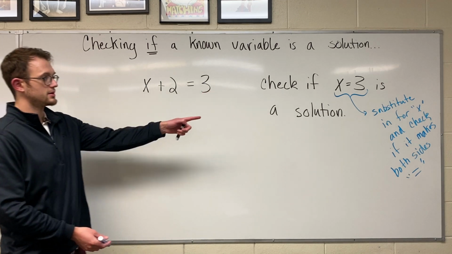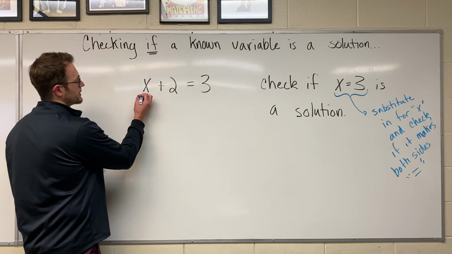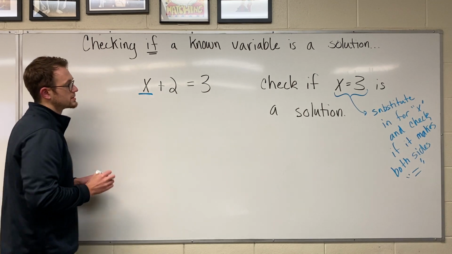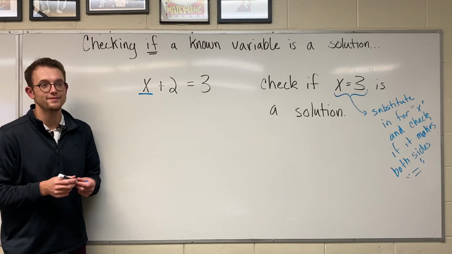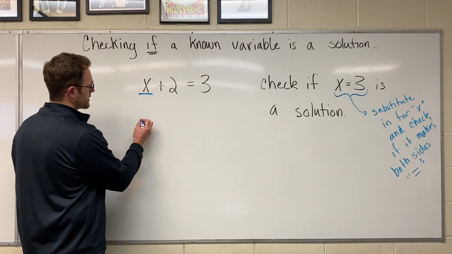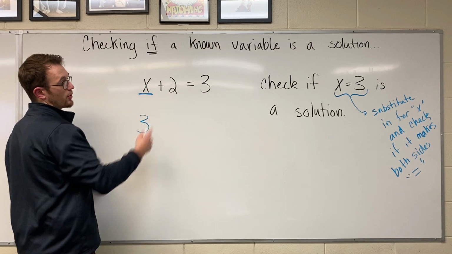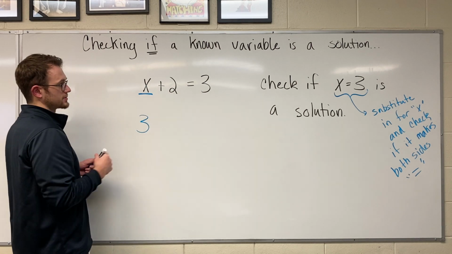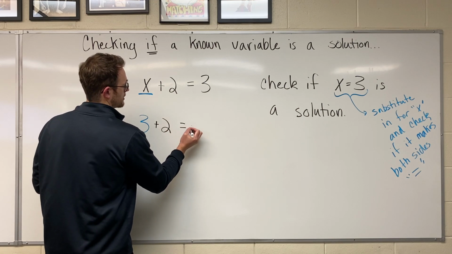All right, so what I'm going to do is, right, I know x equals 3. It tells me check if x equals 3 is a solution. So I am going to substitute in 3, just like when we were evaluating expressions. So I am going to substitute 3 in for x because we want to check if when x equals 3, if this works, 3 plus 2 equals 3.